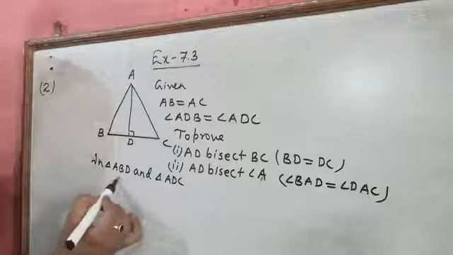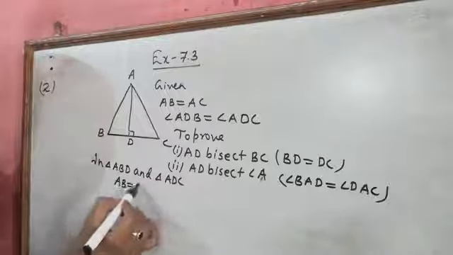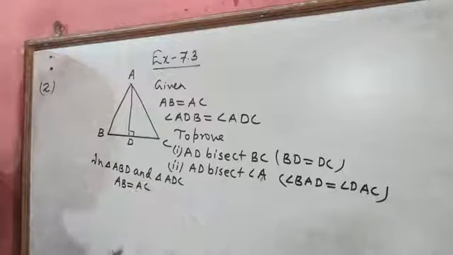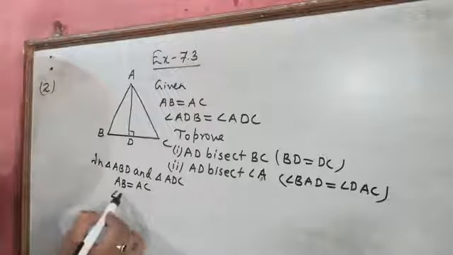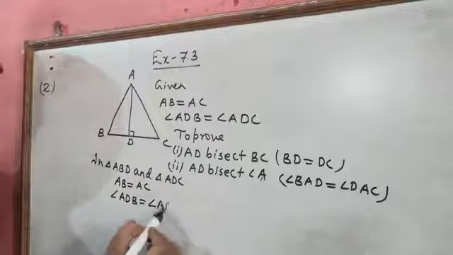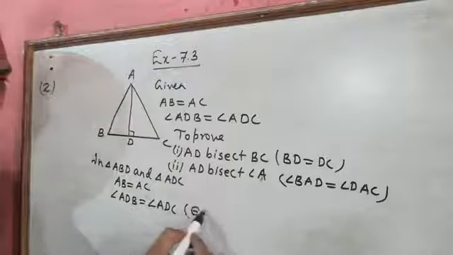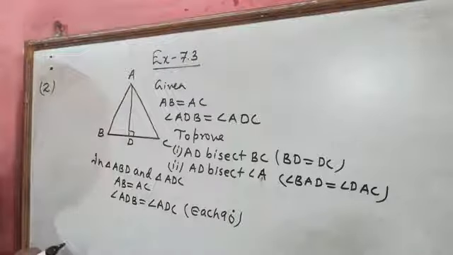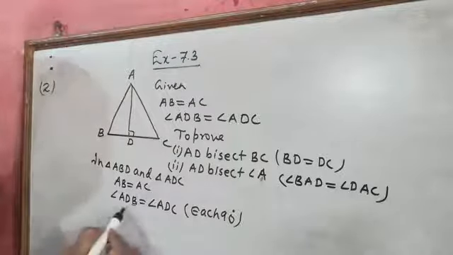So AB is equal to AC given, and angle ADB is equal to angle ADC, each 90 degrees, and AD common.